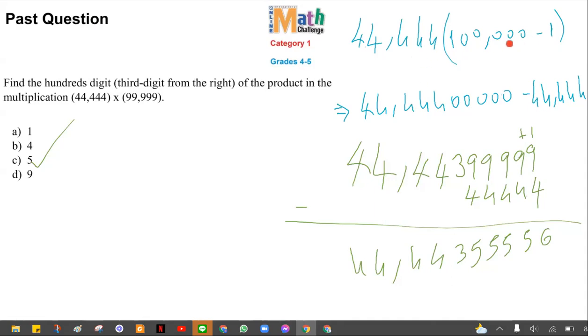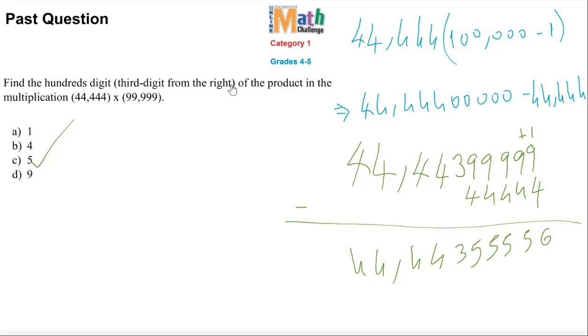Or this is the way I did it. Instead of 99,999, I just wrote 100,000 minus 1. After that, I open the bracket, so we multiply the outer term by each inside term.